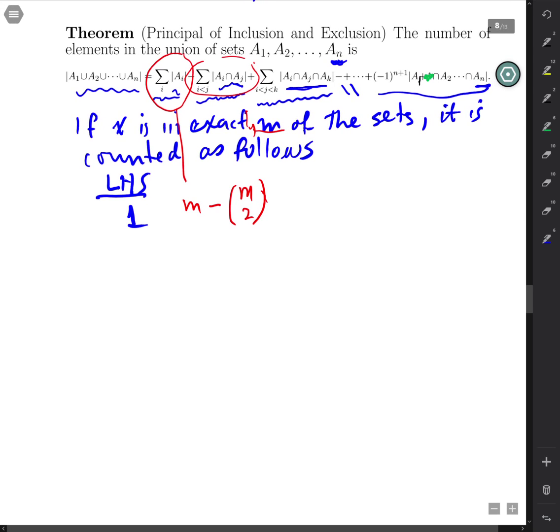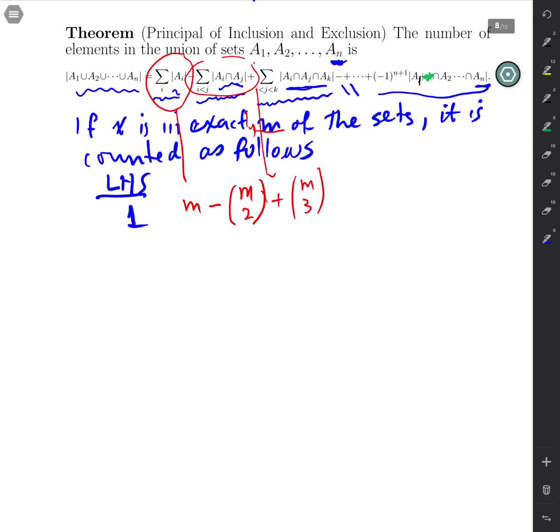And in like fashion, with the plus here now, it will be m choose 3 of the 3 of the sets all at once. There are m choose 3 ways to pick 3 of the sets out of the m in which the element lies.